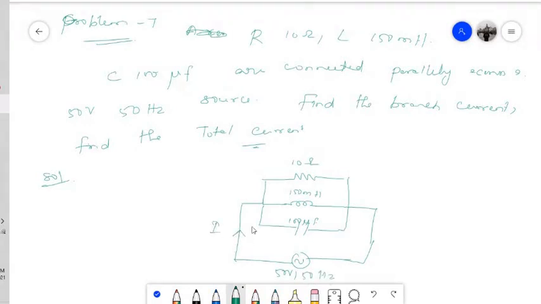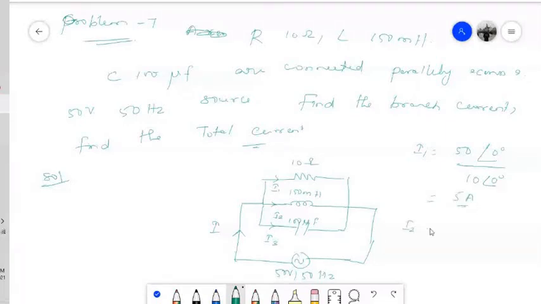So let's take this current to be I, which gets divided to I1, I2 and I3. Now we need to find what is I1, I2, I3, and we should also find the total current. It becomes very simple because this is 50 volt, phase angle will be 0 degree. To find I1 is nothing but 50 phase angle 0 degree divided by 10. Now here obviously the phase angle is 0, so this will be 5 ampere.